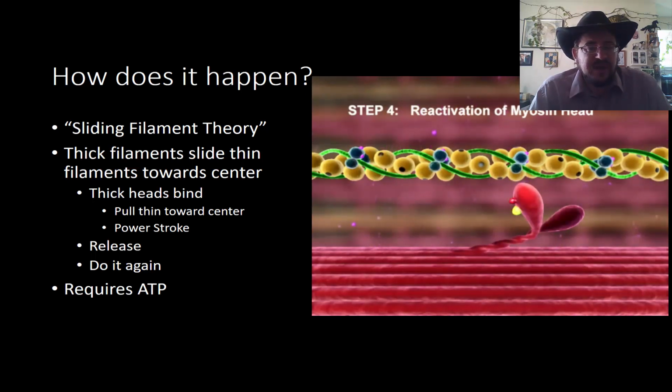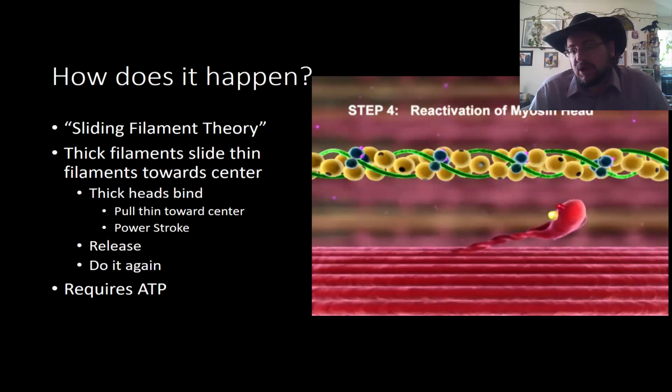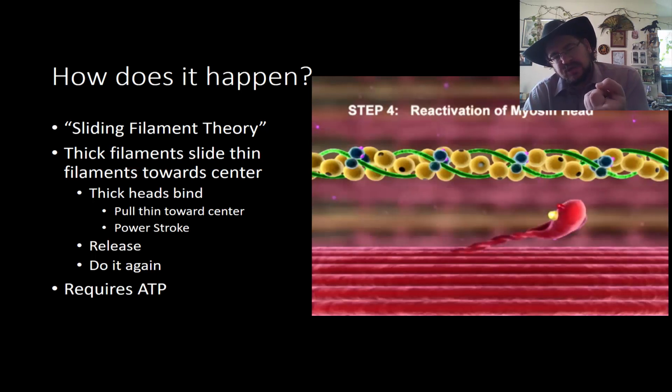There's some narration there giving you very complicated anatomy and physiology, muscle chemistry that we really don't need to know. But now it's ready to just attach, pull again. Attach, power stroke, release. Attach, power stroke, release. And so it basically just crawls the thin filaments together.